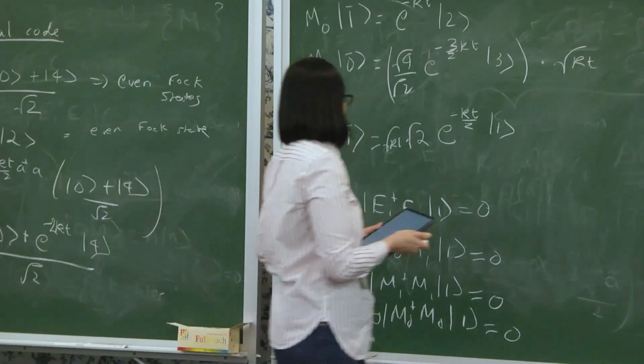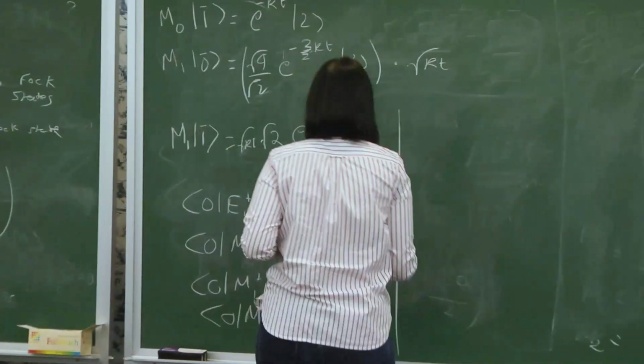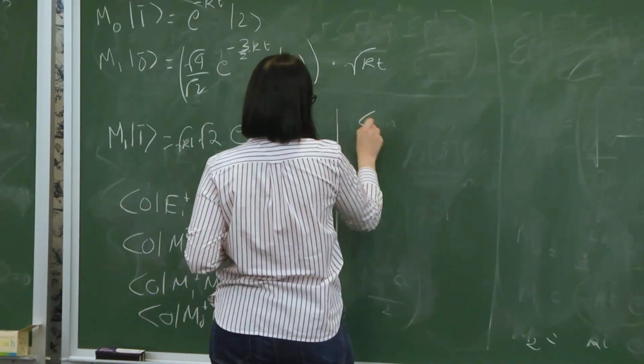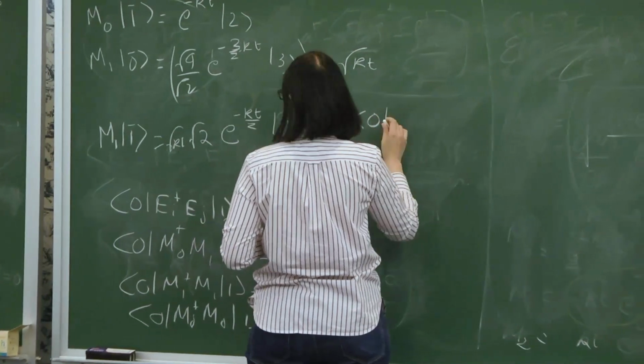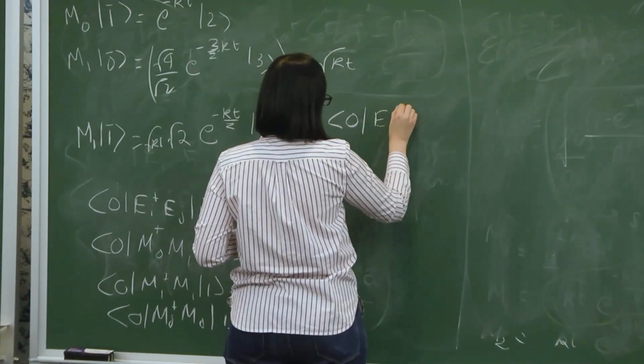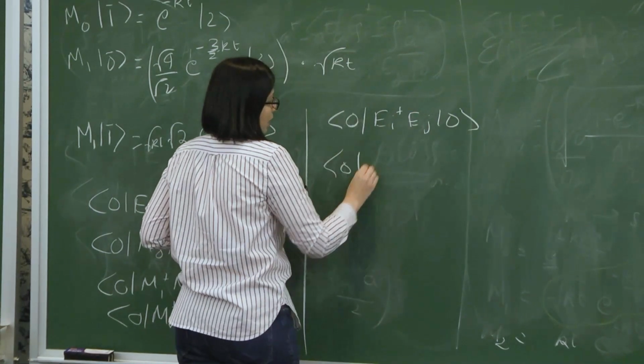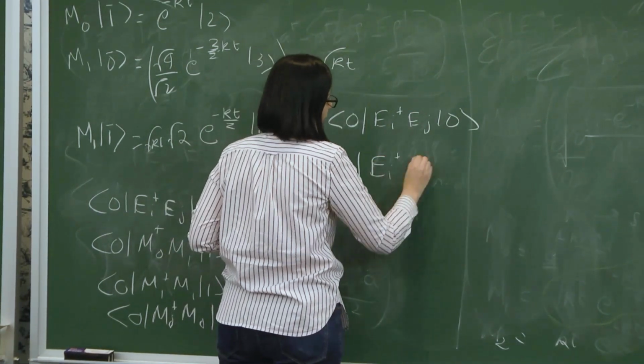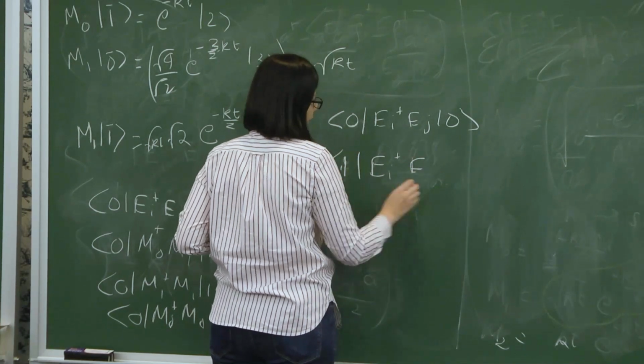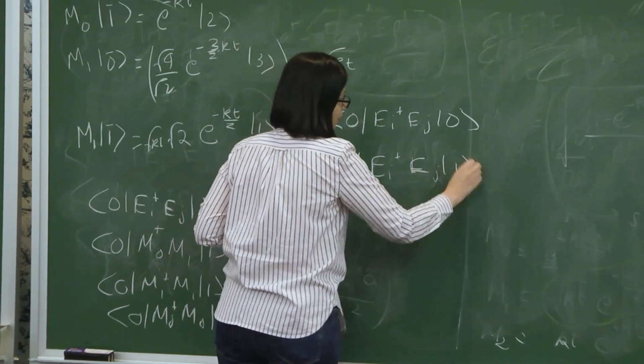And then we have the other condition, which is I have to look at what happens to 0, EI dagger, EJ 0, and 1, EI dagger, EJ 1.